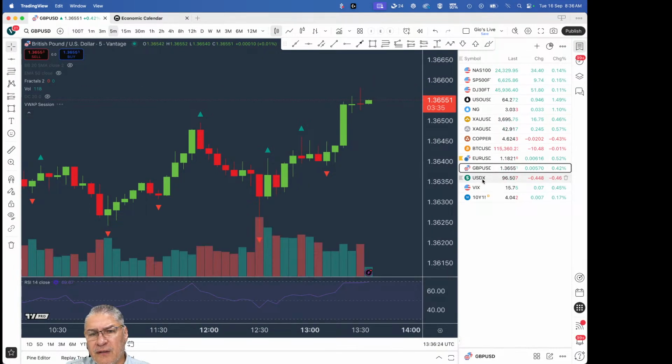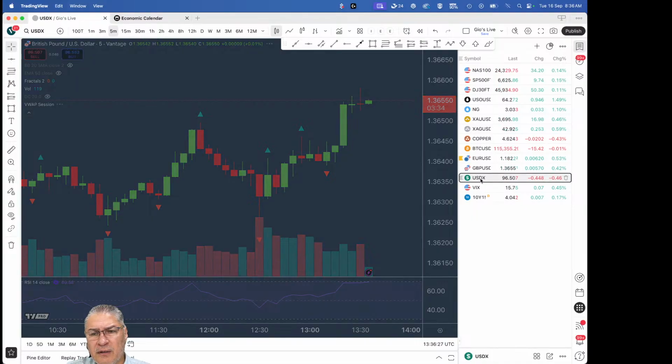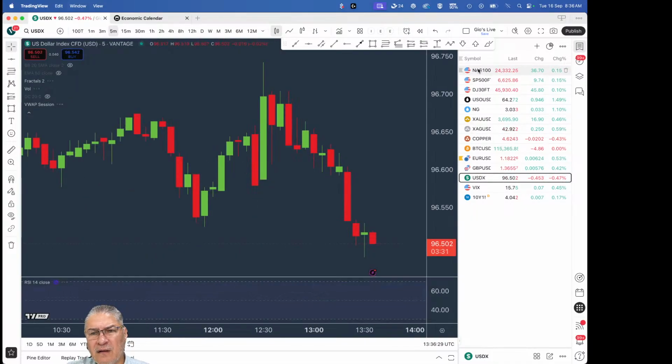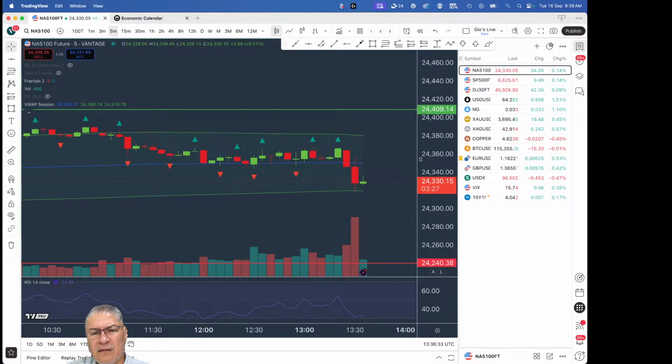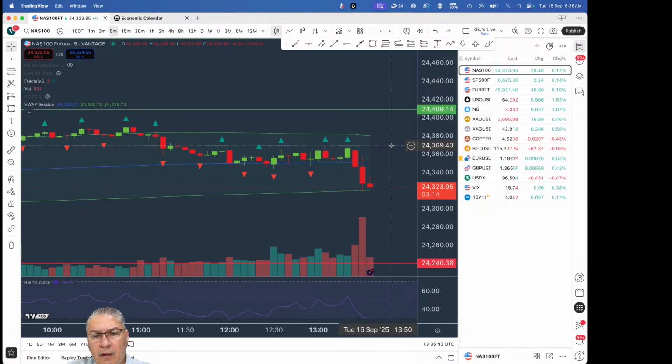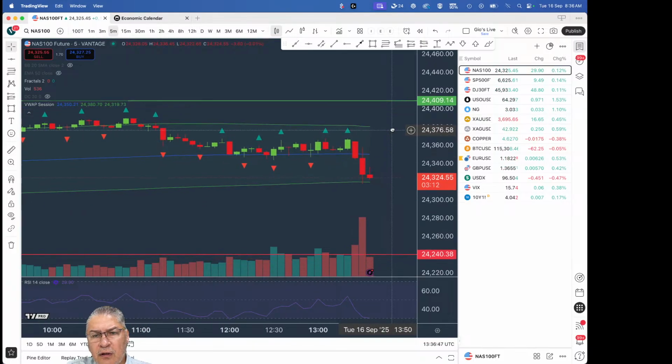So after this, take a look at the dollar index. All right, so we have rejection of the VWAP. Let's see what will happen and see if we are able to enter a position long.